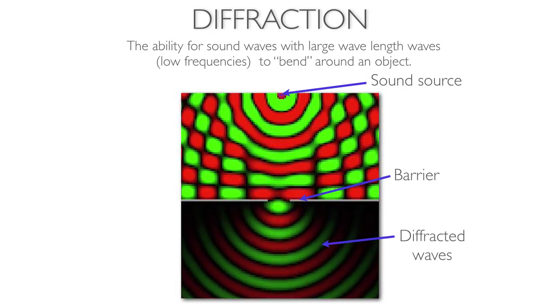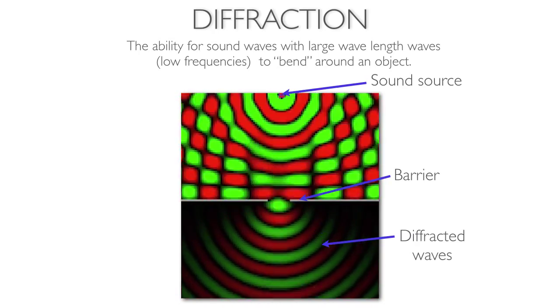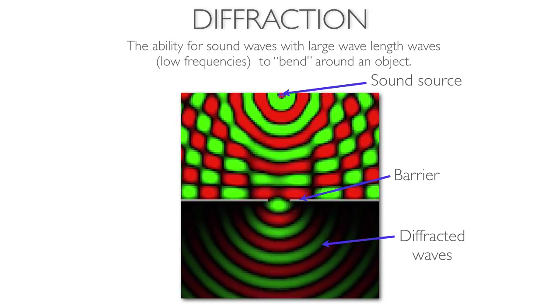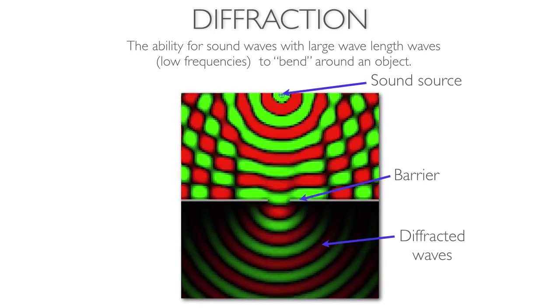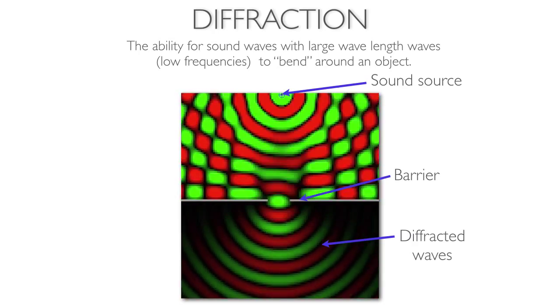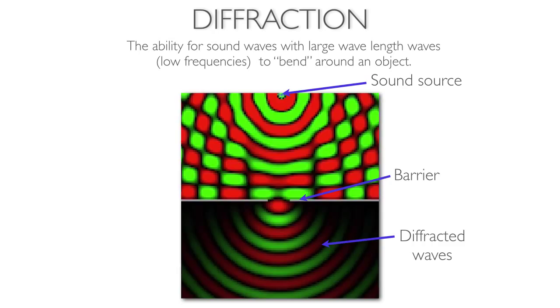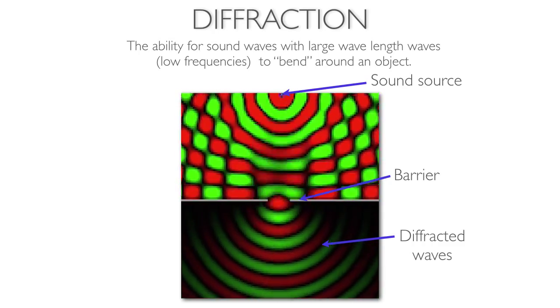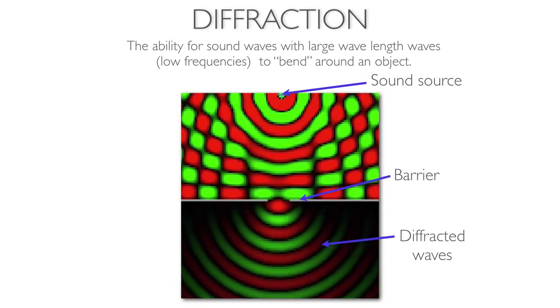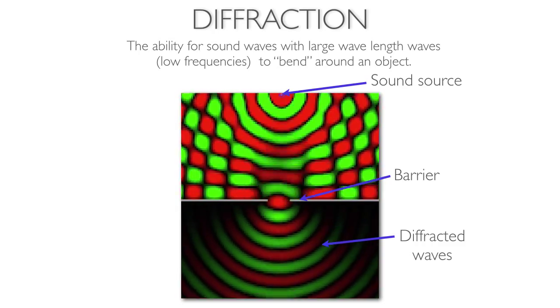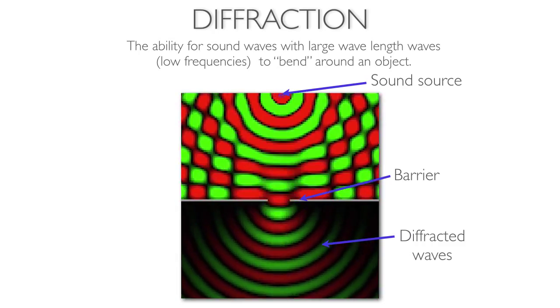So in this example, we have a sound wave that's starting over there, the sound source. And then we have this barrier, which you can think of as a wall, with a little door opening in the middle. As you can see, that sound doesn't just go straight as a beam out of that into the dark area. Actually, you have the sound bending around the corners there a bit.